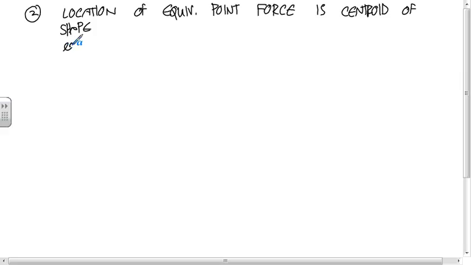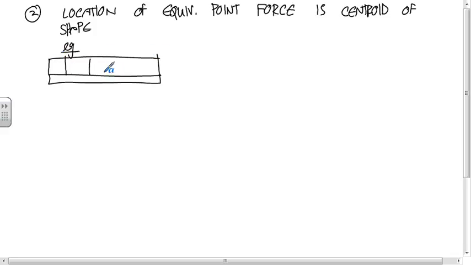So, for example, if we have that shape we just had a minute ago, the height here is 10,000 newtons per meter. The width is 3 meters. What's the centroid of that distributed shape? Well, what is the distributed shape? A triangle? Right, rectangle, the one with 4.